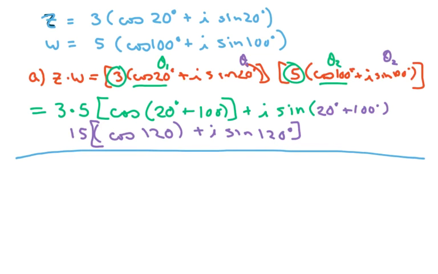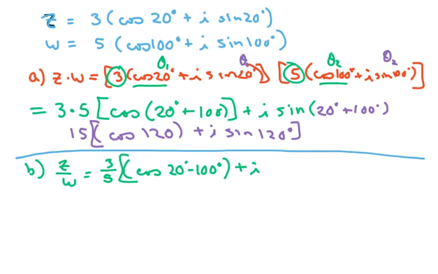Now I'm trying to save room here, so let's divide. We're going to divide these two. Instead of writing it out, I'm just going to use the formula to save room. So for B, it's going to be Z divided by W equals 3 over 5 times cosine of 20 degrees minus 100. There's the difference. All right?